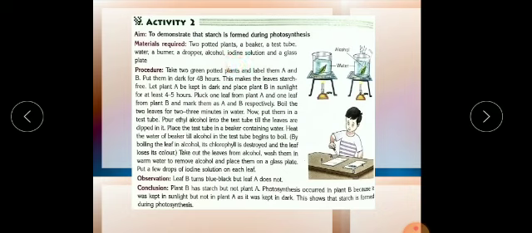Here you can see, take 2 potted plants, label them A and B, and put them in darkness. We have to keep the plant in a dark place for 24 to 48 hours.